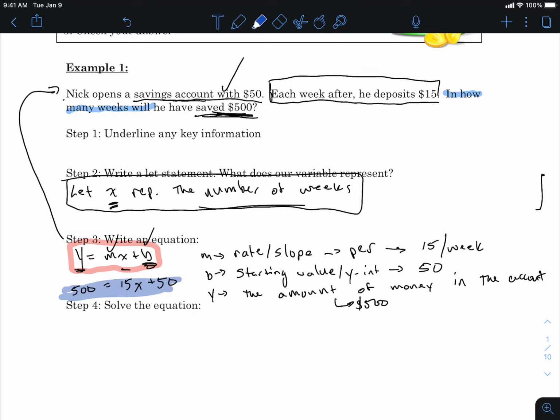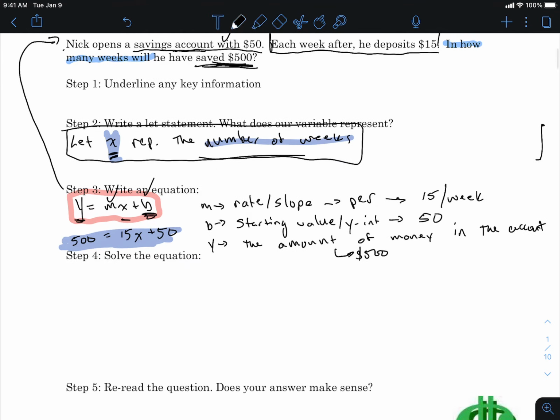You've got to get x by itself, because x represents the number of weeks. That's what we're trying to find out. So you take this equation, bring it down here, and solve for the thing that's missing, which in this case is x. I'm just going to rewrite it here for a sec. So 500 is equal to 15x plus 50.